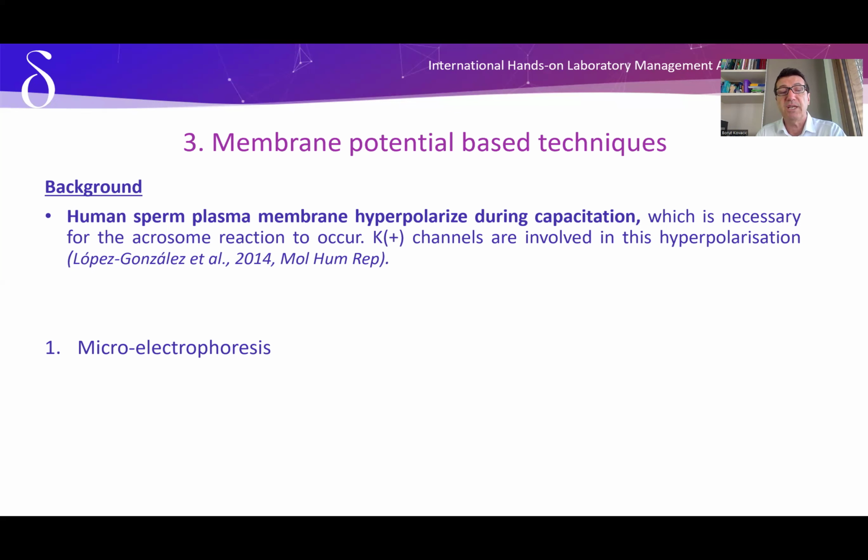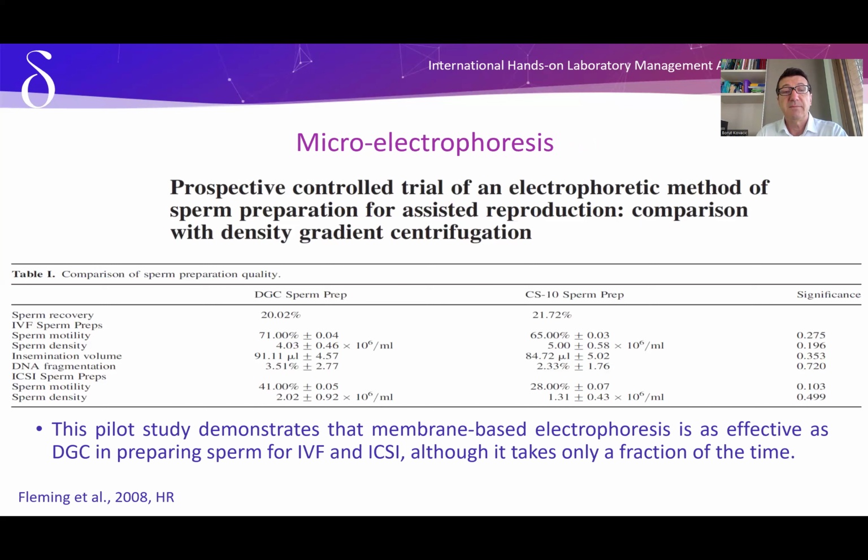One is microelectrophoresis, and the second one is very simple zeta potential method. The microelectrophoresis method, this is only one paper, and in this pilot study, it was demonstrated that membrane-based electrophoresis is as effective as density gradient centrifugation method, although it takes only a fraction of the time.